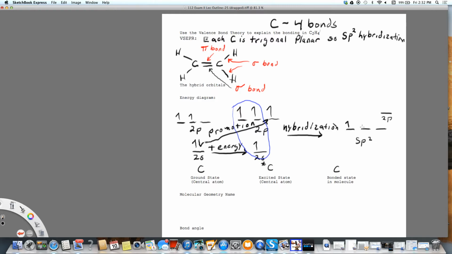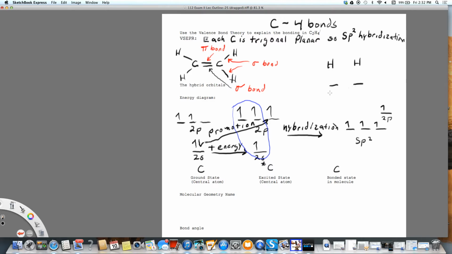And here are my 4 electrons. 3 on the sp2, that gives us the trigonal planar. Now I'm going to bring in my hydrogens. And I'm only going to look at 1 carbon in this case. The other carbon would be very similar.